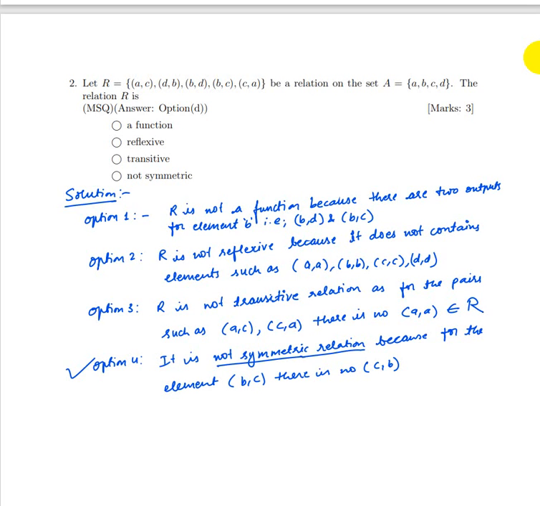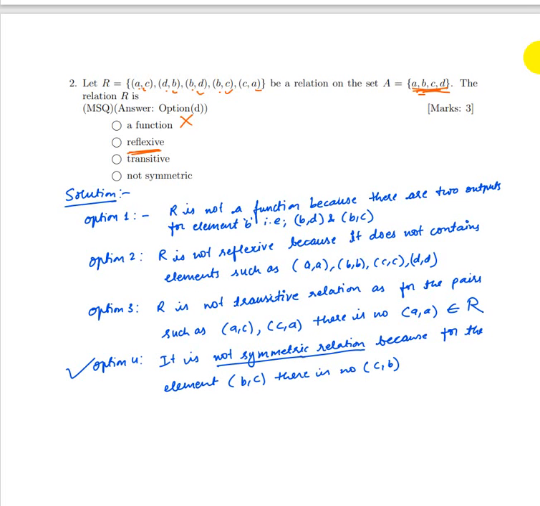For R to be a function, each element must have a unique pairing. We have (A, D) and (B, ...), but B is repeated, which violates the very definition of a function. So this is not a function. In a function there has to be a unique mapping from each element of the domain to the codomain.